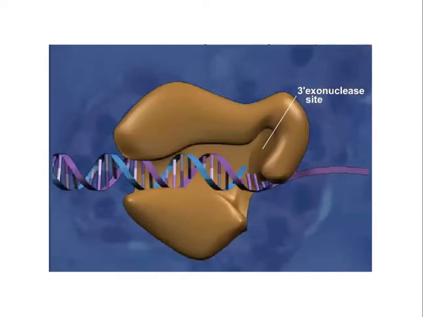Only the removal of the nucleotide carrying the mismatched base is shown here, though additional nucleotides would actually be removed. Following removal in the 3' to 5' direction, DNA polymerase can then resume its synthesis activity in the 5' to 3' direction. The proofreading function reduces the overall error rate to as low as about 1 in 100 million for DNA polymerase III.